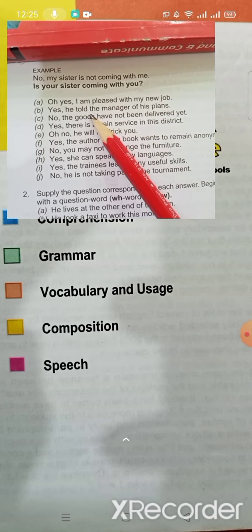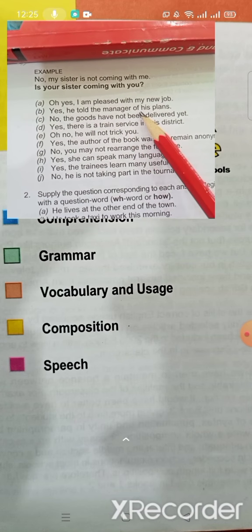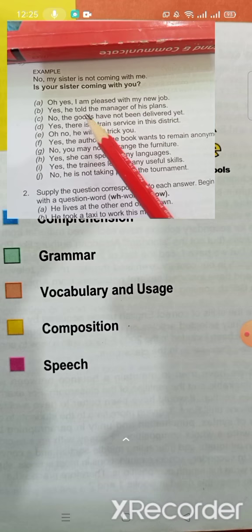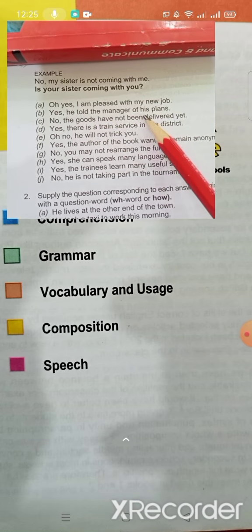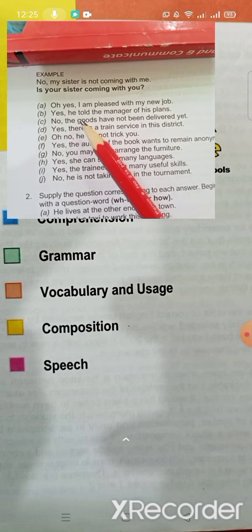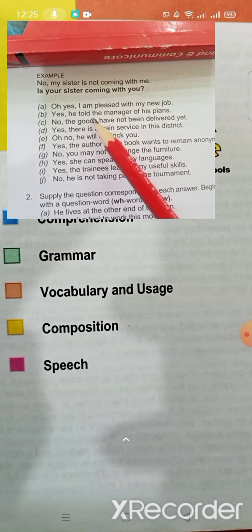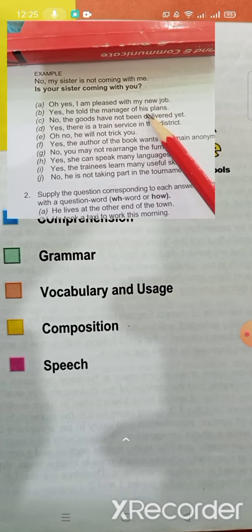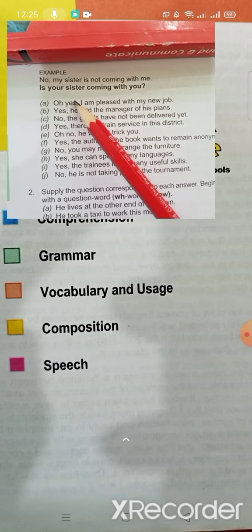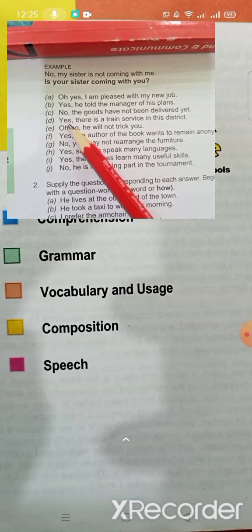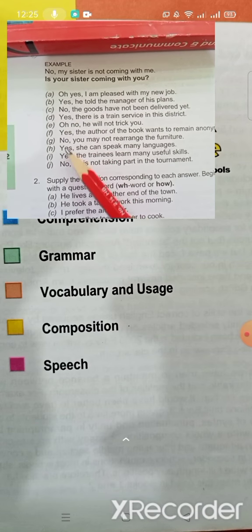Did he tell the manager of his plans? The answer will be: yes, he told the manager of his plans. These are yes/no questions with yes or no answers, so you have to make the questions.